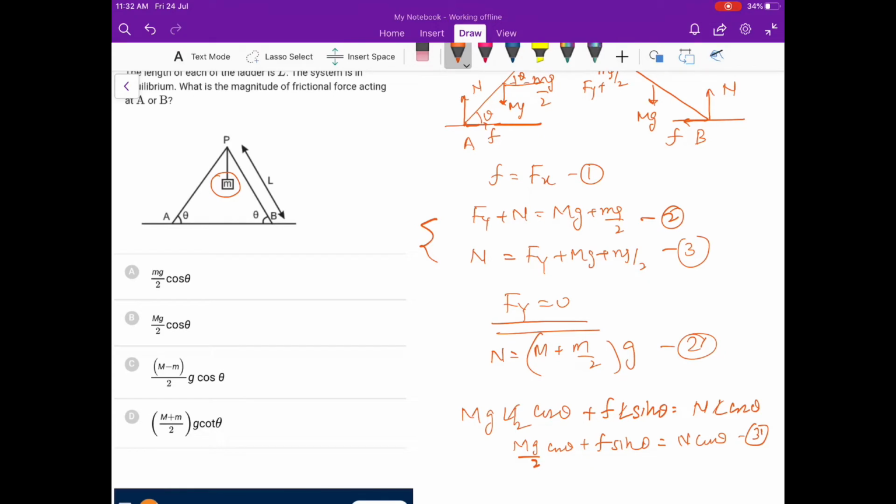Putting the value of N as m plus m by 2 g, f sin theta would be equal to N cos theta, where N was m plus m by 2 g, minus mg by 2 cos theta. So what I have now is m plus m by 2 g, and cos upon sine is going to be cot theta. So this is the value of friction that I am getting, and here is the option. This is option D.